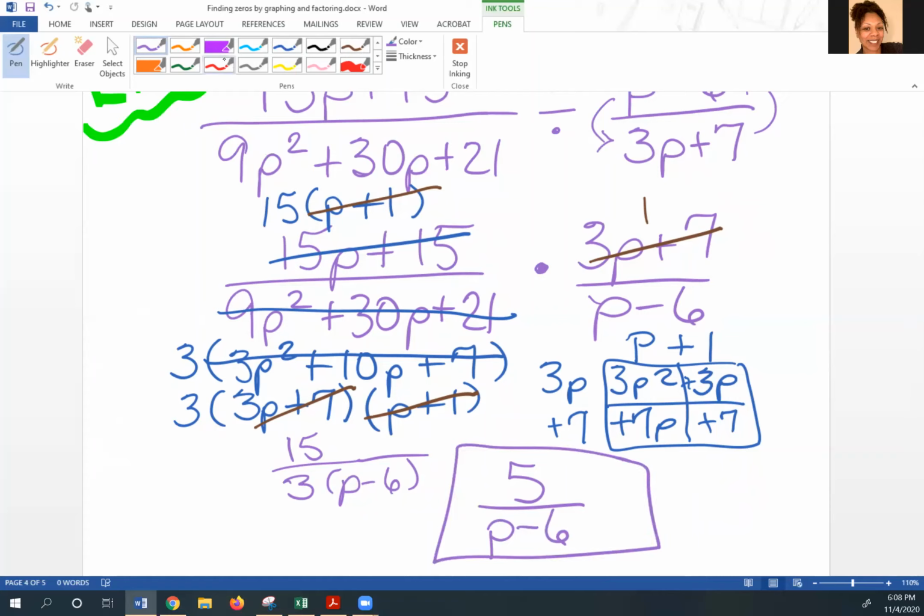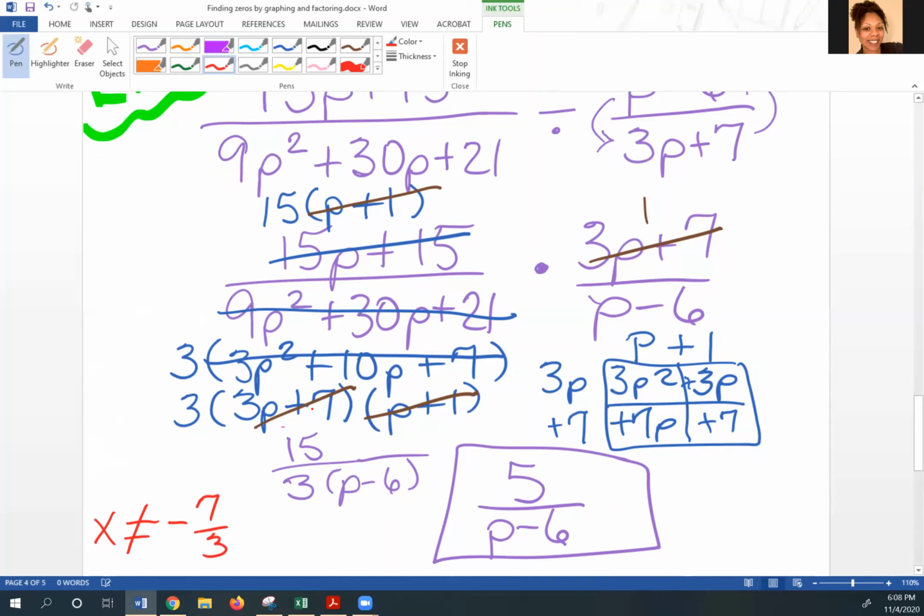In terms of my excluded values, I have to go back to my original problem. So in my original problem, if I set 3p plus 7 equal to 0, or do the quick way that I told you where you just change the sign in front of the constant and divide by 3, I know that p cannot be negative 7/3.